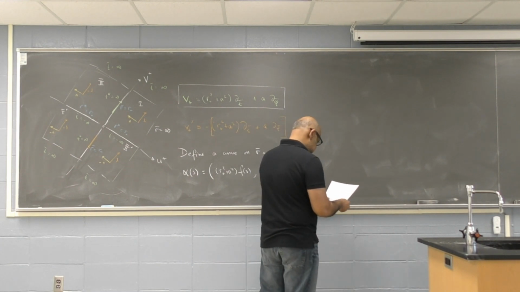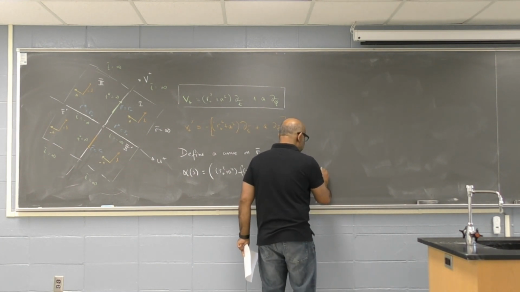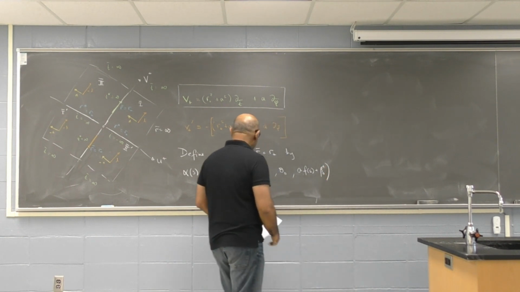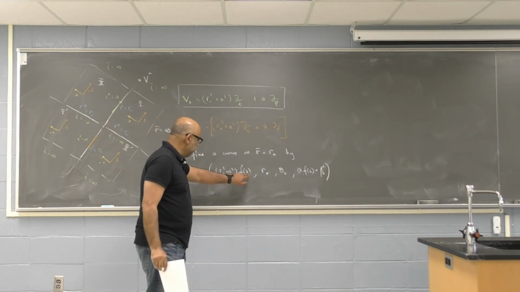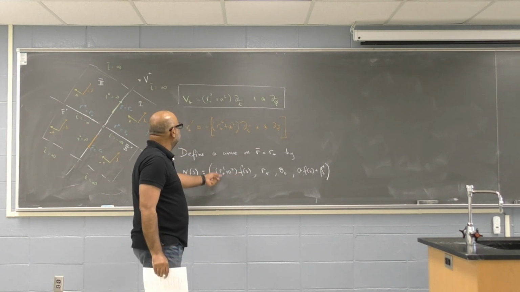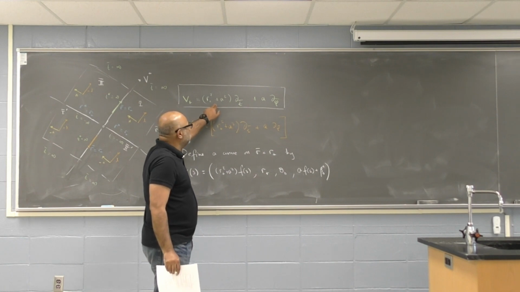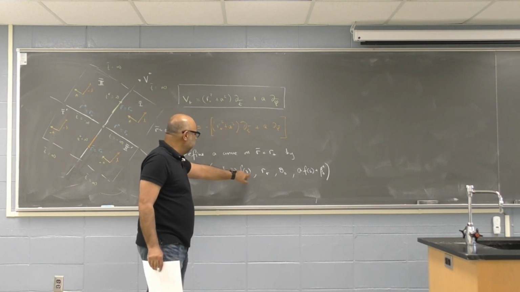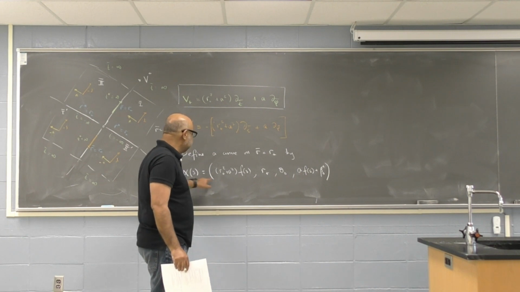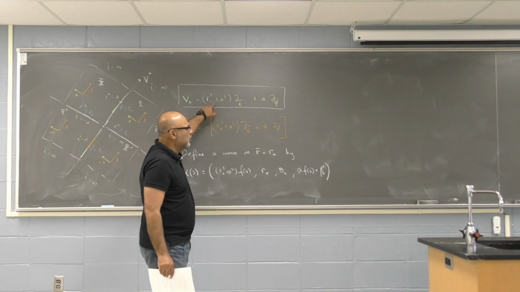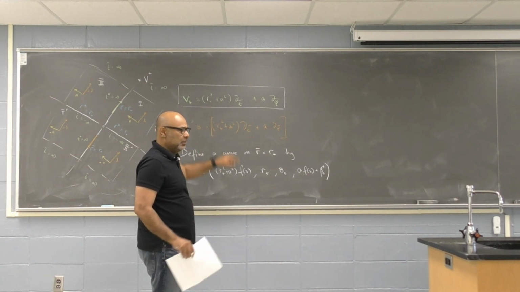I will show that for a particular choice of f, this is an integral curve to something proportional to this. Remember, this is not a geodesic, but it's a pre-geodesic. We'll pick an f so that this is in fact a geodesic, and its tangent vector field is proportional to that. Okay?